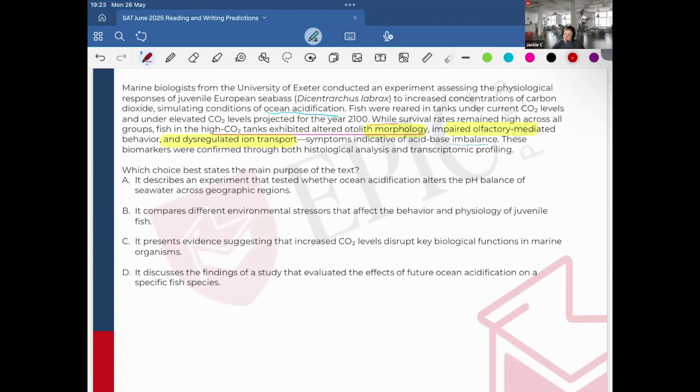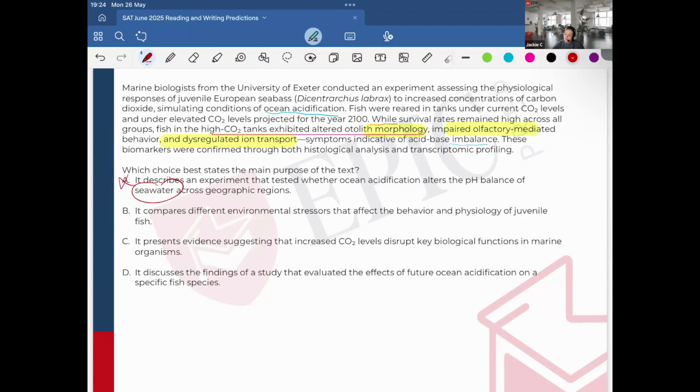A, it describes an experiment that tests whether ocean acidification alters the pH balance of seawater across geographic regions. No, the study is about how the fish responded, not how the seawater was. B, it compares different environmental stressors that affect the behavior and physiology of juvenile fish.